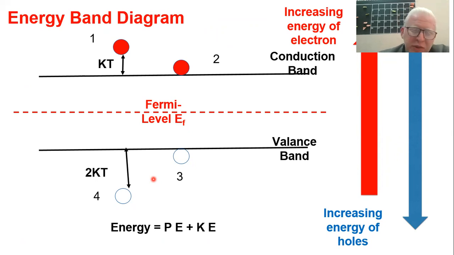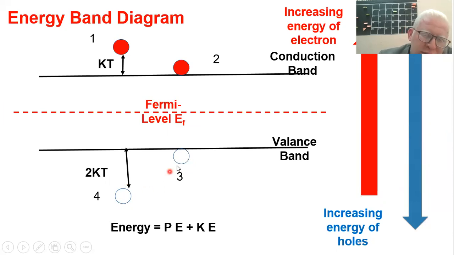I mean, if the direction of the energy of electrons is upward, which is the same example I just demonstrated, then for holes, the direction of energy is downward. This example, we solved it together 2 semesters ago, when I asked you which of these holes has a higher energy, number 3 or number 4. Your answer should be that hole number 4 has a higher energy than hole number 3.